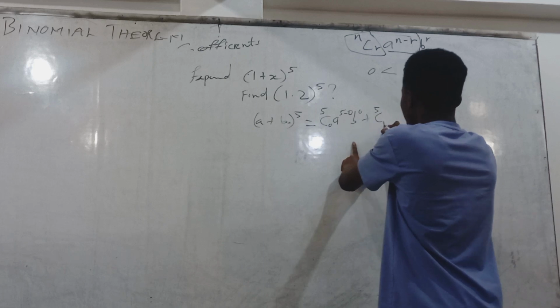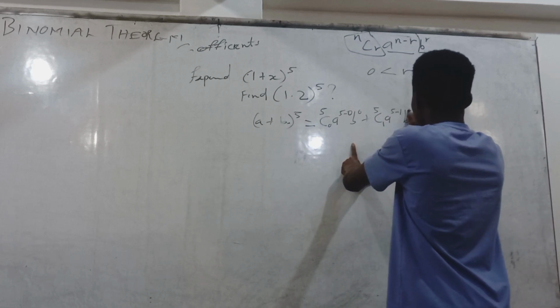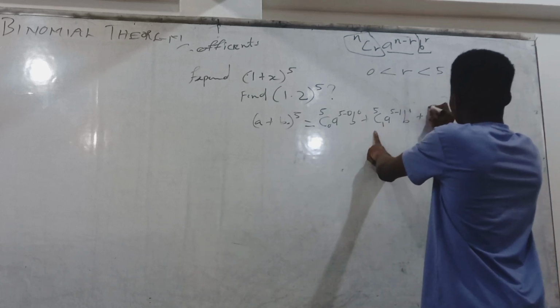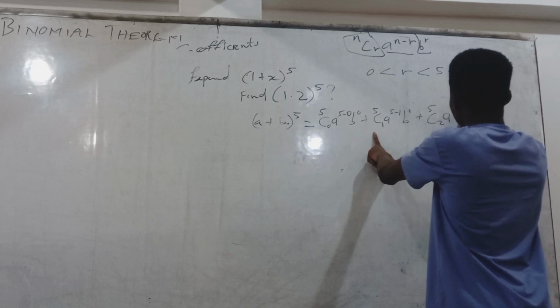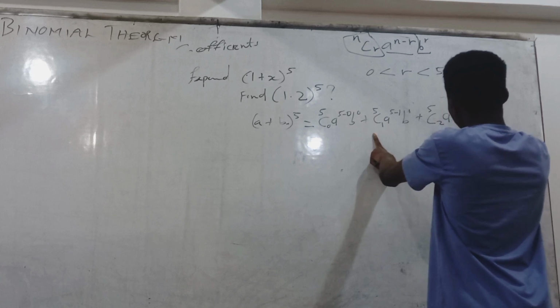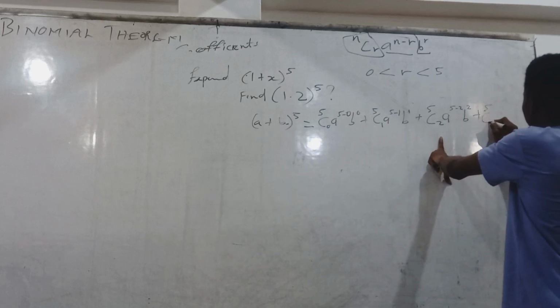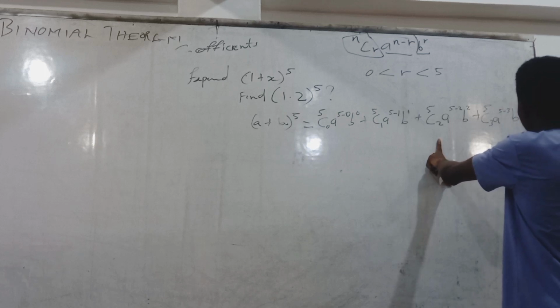5 combination 1, a to the power 5 minus 1, b to the power 1. 5 combination 2, a to the power 5 minus 2, b to the power 2. The third term is 5 combination 3, a to the power 5 minus 3, b to the power 3.